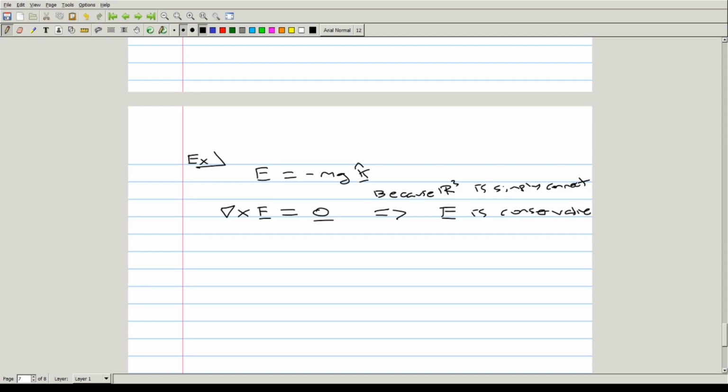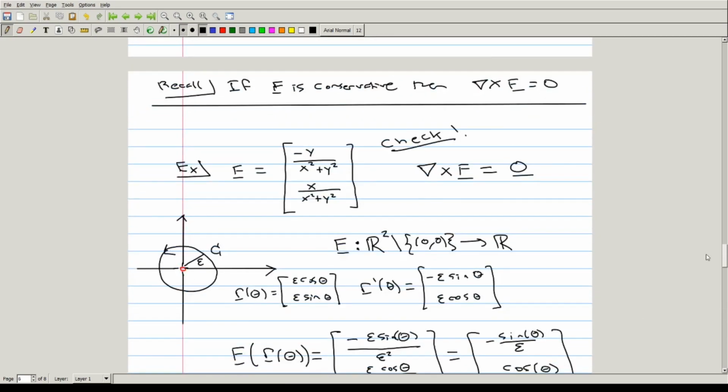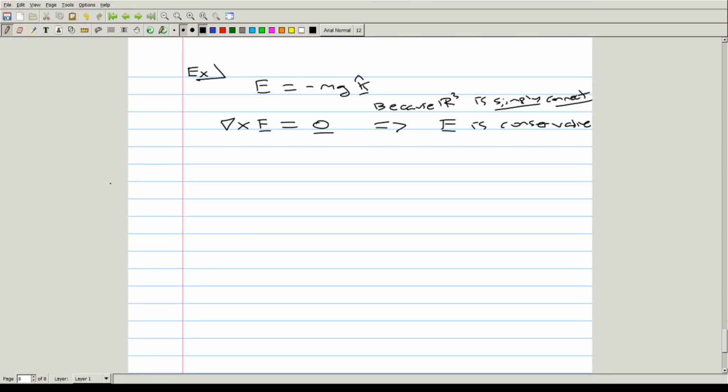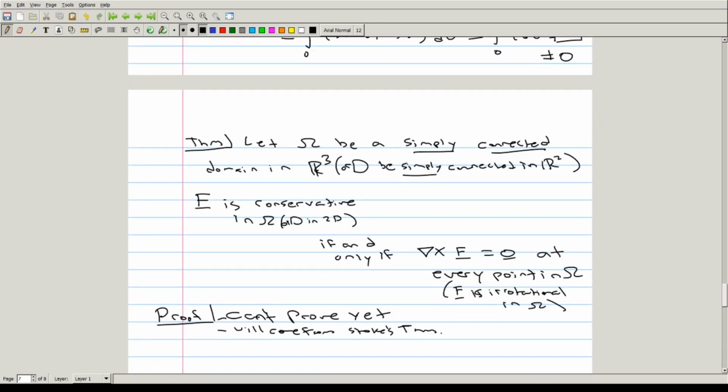So it's important to emphasize here that simply connected means with no holes in the domain. Or equivalently, you can think of it as any closed loop can be shrunk down to a point inside the domain. Another nice way of thinking of it. But the idea here is that this theorem only works if the domain is simply connected.